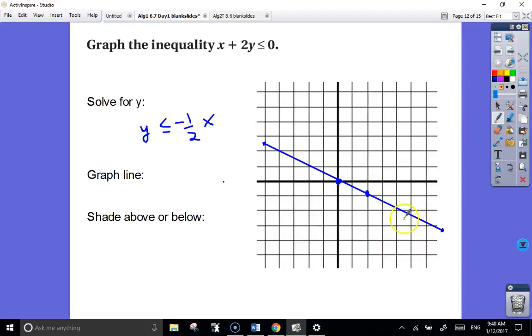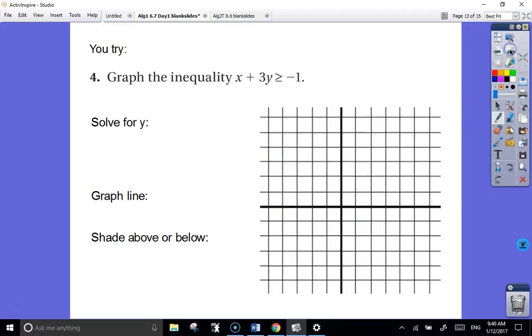I don't need to do a test point. That's telling me which way to shade. If it was a greater than or equal to, you shade above the line. So solve for y, graph the line, solid or dashed, shade above or below. That's the whole change.